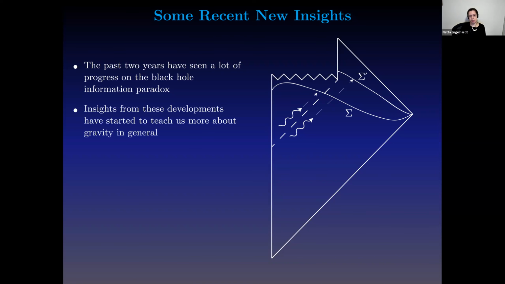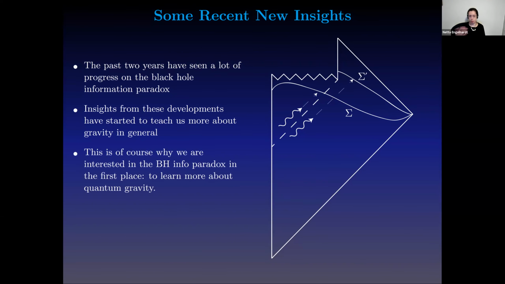One of the most exciting things is that insights from these developments are starting to teach us more about gravity in general, bringing up questions like: is gravity doing ensemble averaging? What's the gravitational path integral doing? These are all very interesting questions that have the potential to teach us more about quantum gravity, which of course is why we're interested in the black hole information paradox in the first place.